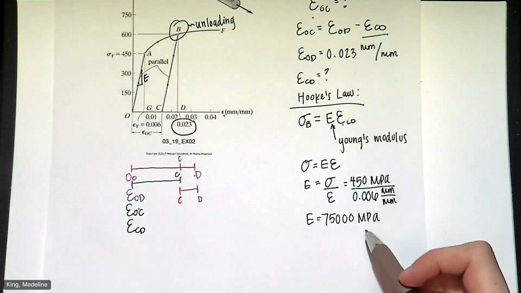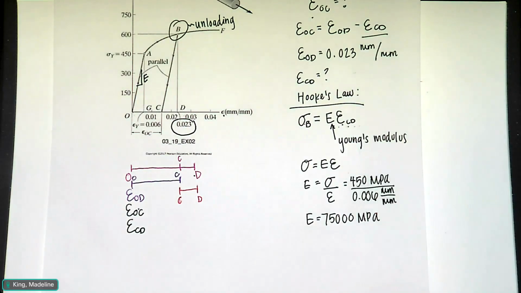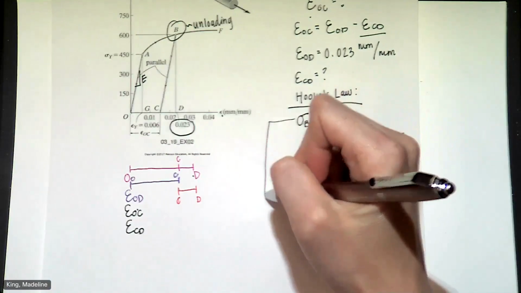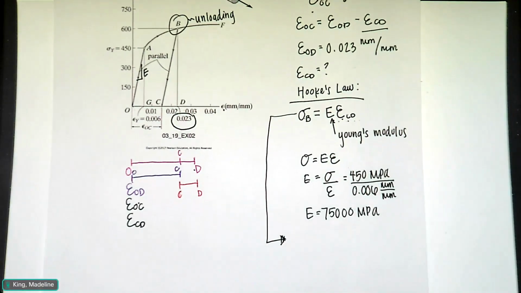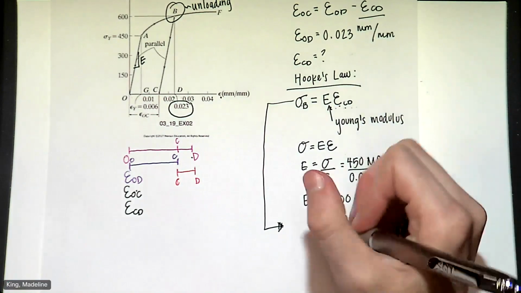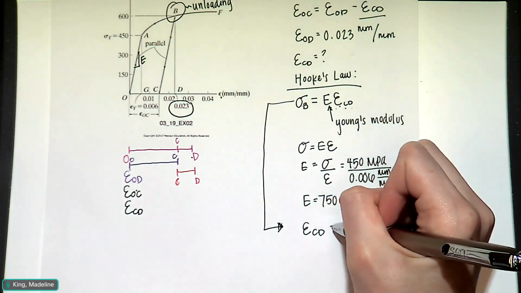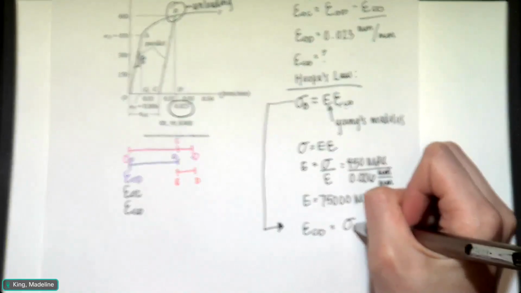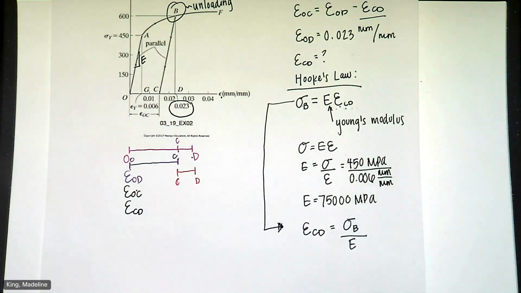So now that we have our Young's modulus, we can now find our epsilon CD. So if we bring down that and we rearrange, we'll have epsilon CD is equal to sigma at point B over Young's modulus.